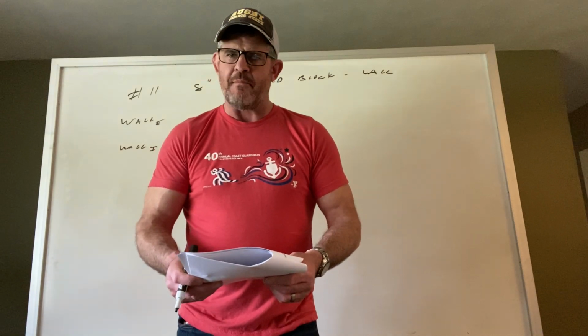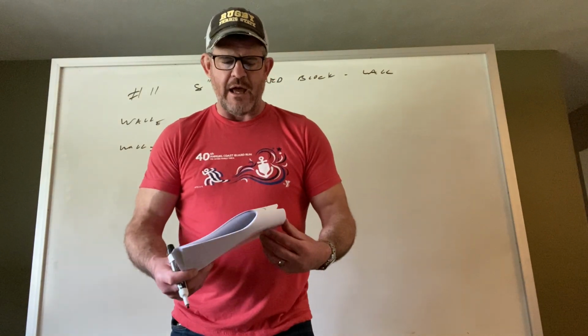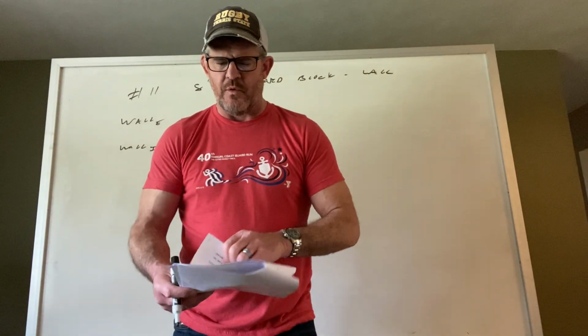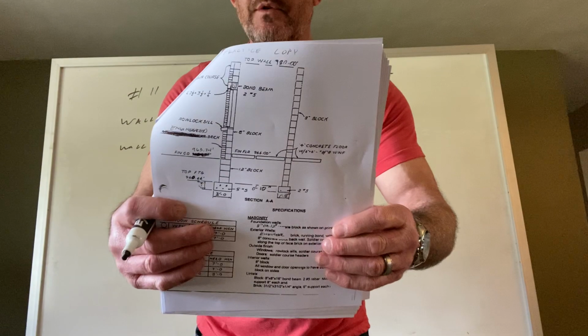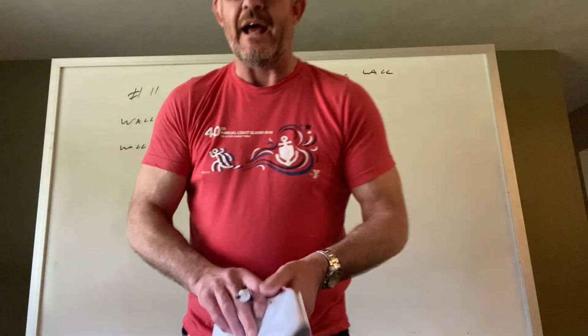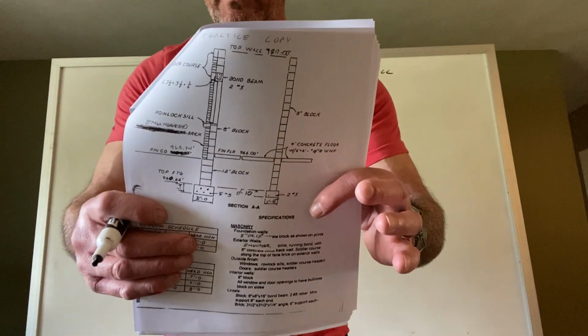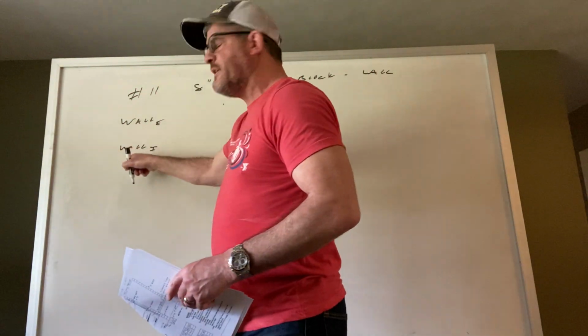Next, we're going to be on my brick. If I look at my section cut, do I have any brick on my exterior wall? No, I do not. I only have brick on the exterior wall. Do I have any brick on my interior wall? No, I do not. So that's why I separated the two.